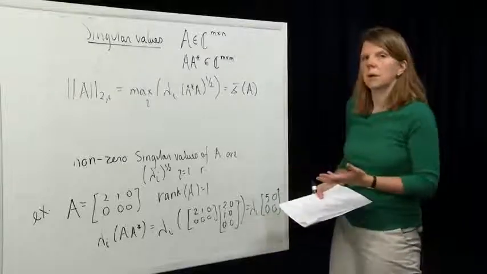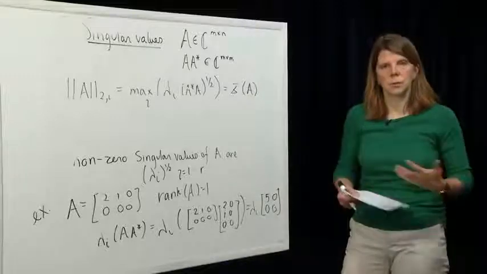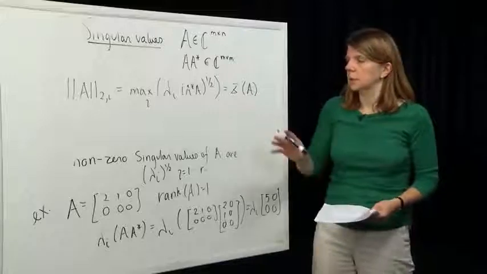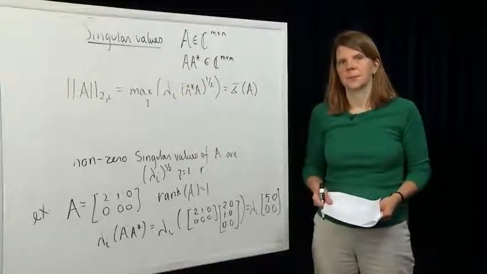We've talked about unitary matrices, and we've also talked about singular values. We've defined what singular values are, and we've related them, at least in the 2 norm case, to the induced 2 norm of a matrix.